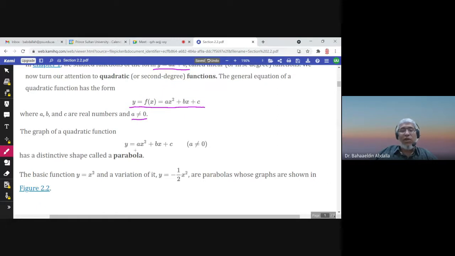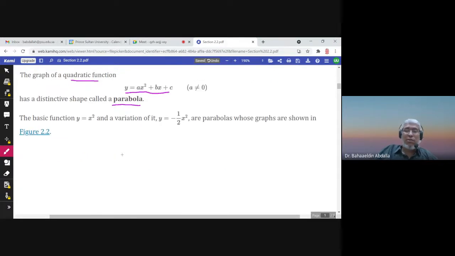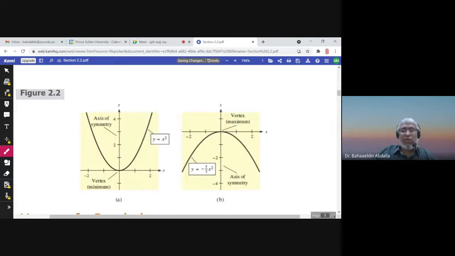Well, what is the graph of such a function? The graph of a quadratic function is always a parabola. We can see here in the following figure the graph of y equals x squared. It's called a parabola.